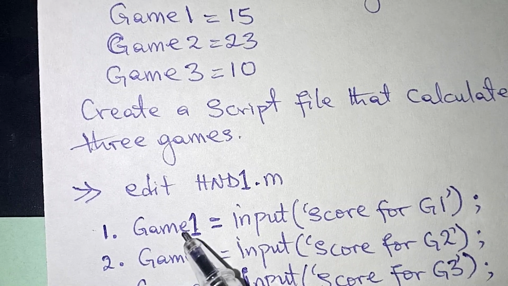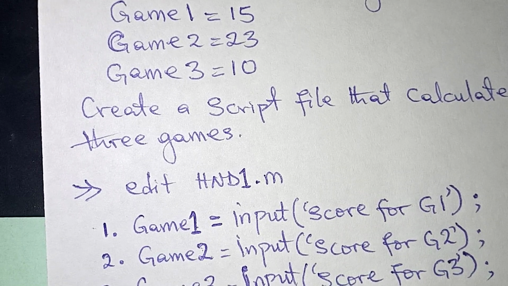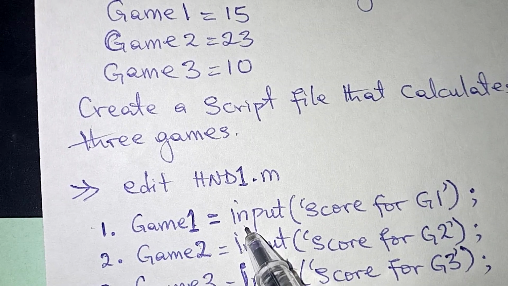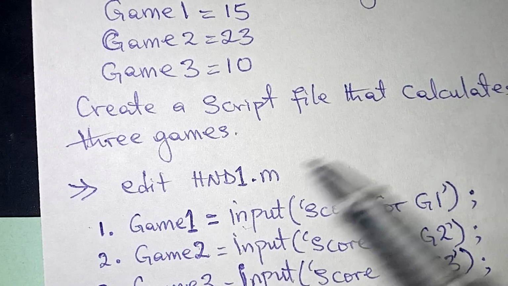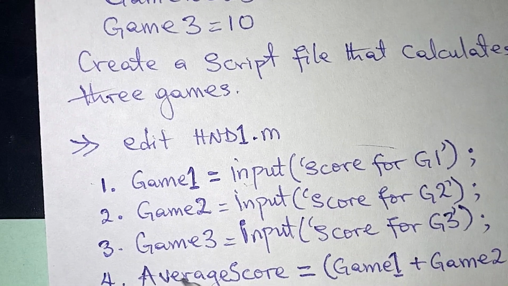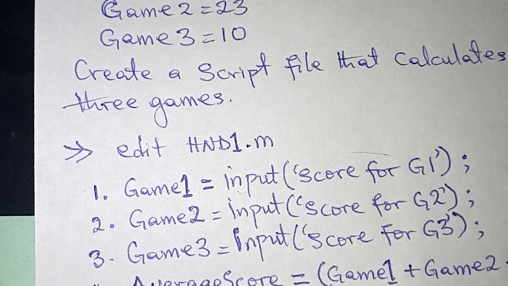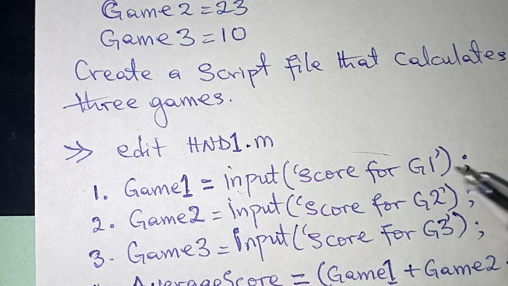So you can write anything. You can say A as game 1. You can call game 1 G1 equal to, this is the code you just need to input. If you write this command I've just written here now on your command window, it will flag you an error that you are putting so many instructions all in one.